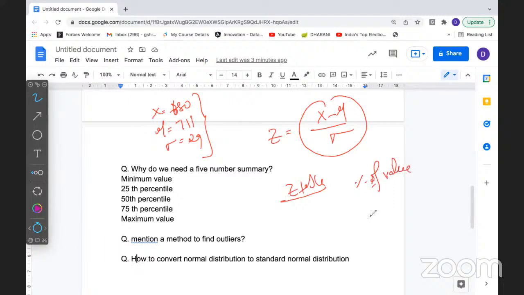For any given X, you can calculate the probability using the Z scale, without finding any derivatives or integrals, for any value of X. That is our Z distribution.